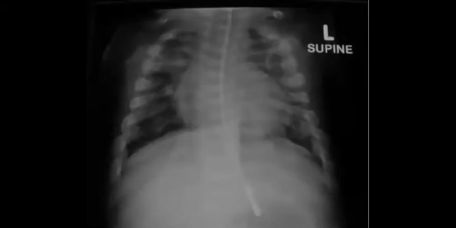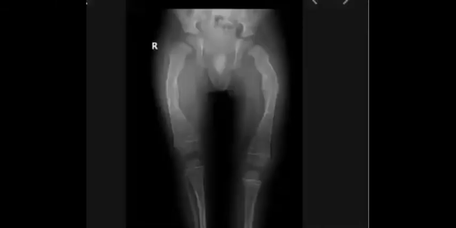Maybe I'll just show you something very quickly to remember it. So you remember this appearance, osteogenesis imperfecta.